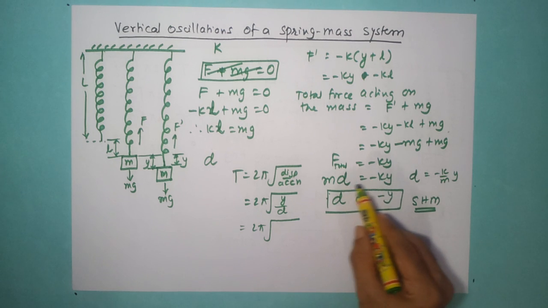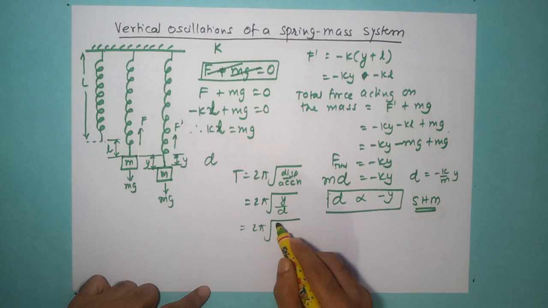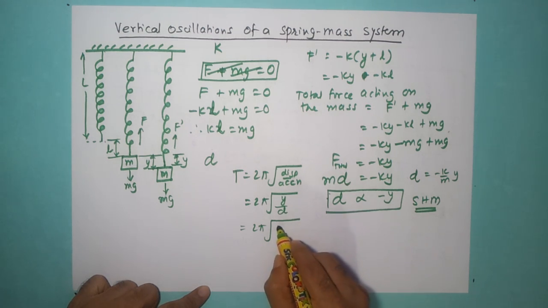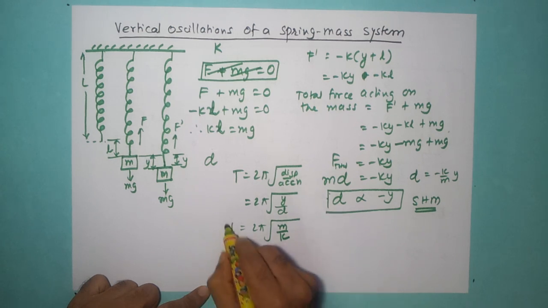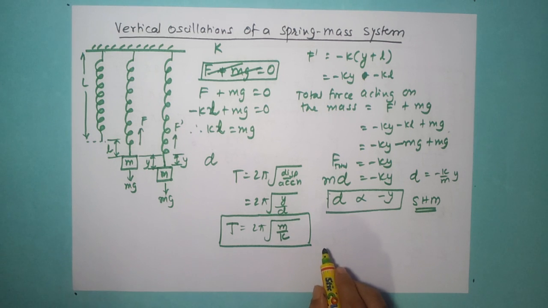It is equal to m upon k. I'll ignore the minus sign because time is a scalar quantity, so y upon alpha is equal to m upon k. And from this we can see that the equation for the time period of vertical oscillations is the same as the one that we got for horizontal oscillations. Right, so that's what we have shown over here.